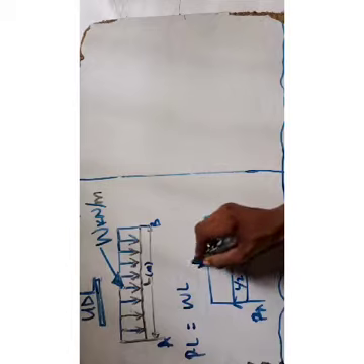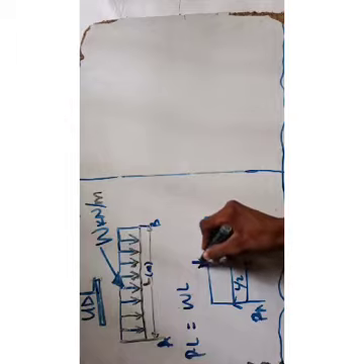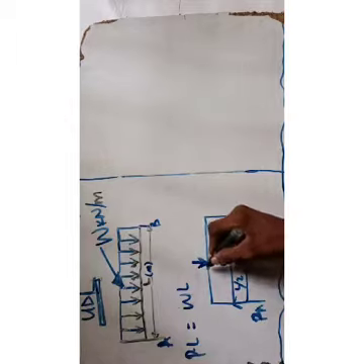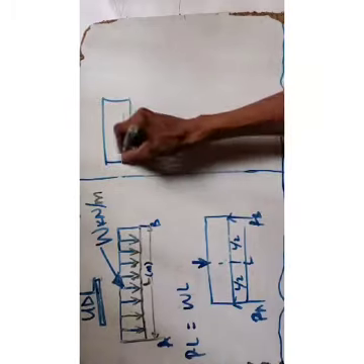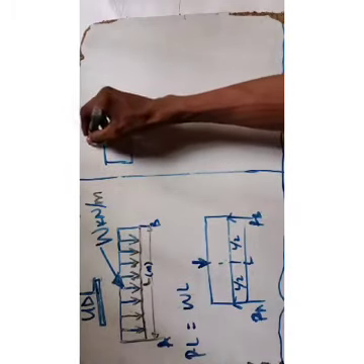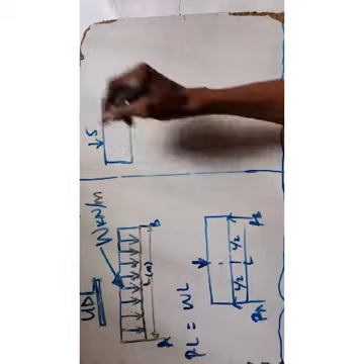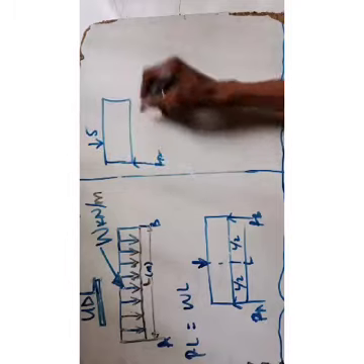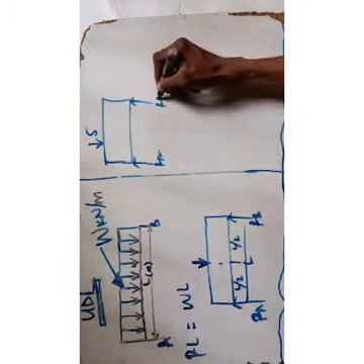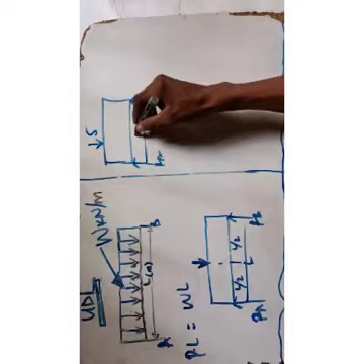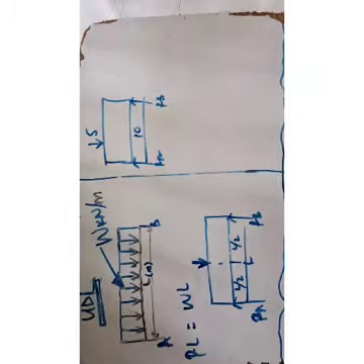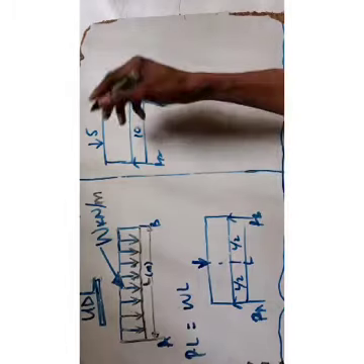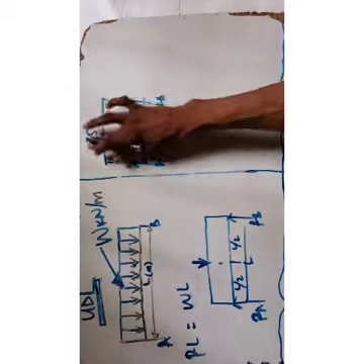Then once it acts at the center, you can now calculate the normal point load. If you remember, in solving any question, let's say the point load is 5, and this is RA, this is RB. So let's say here is 10. To solve this question, what you do first is take a moment.